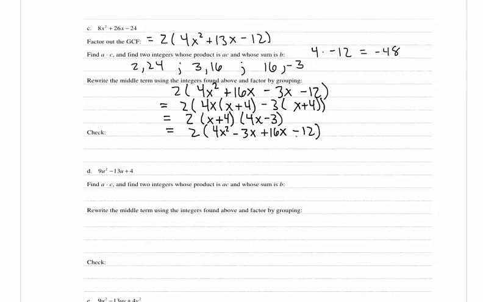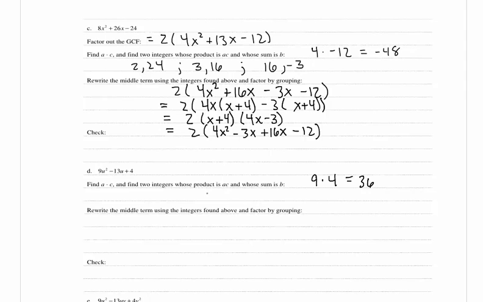In D, we have 9u squared minus 13u plus 4. So a times c would be 9 times 4, which is equal to 36. Now, in this polynomial, a times c is a positive number, but our b term is negative.